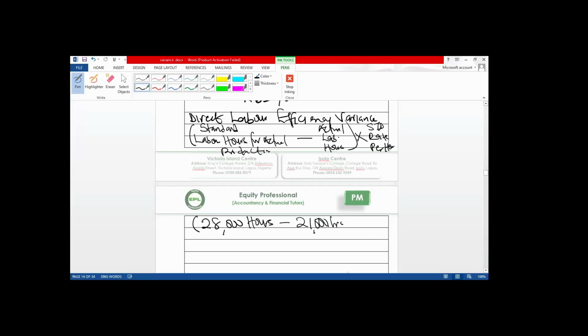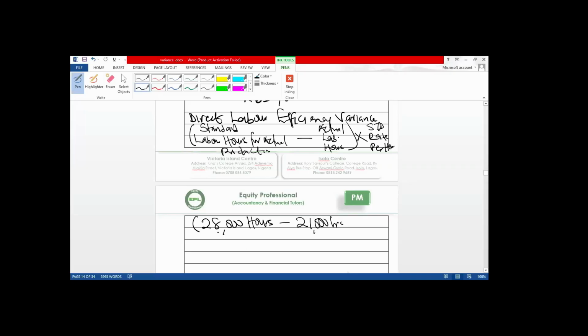Which means that this set of workers, they are special grade. Maybe this is why the HR is paying them extra 30 naira.